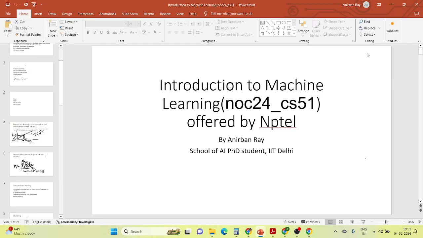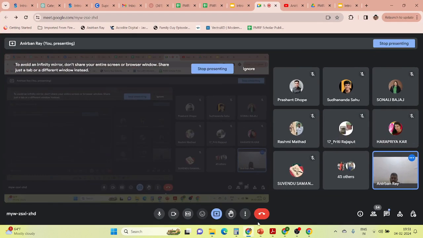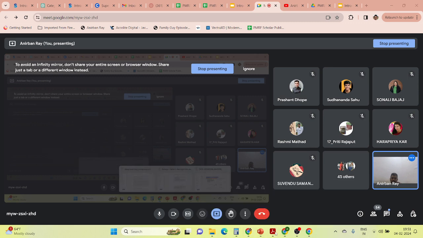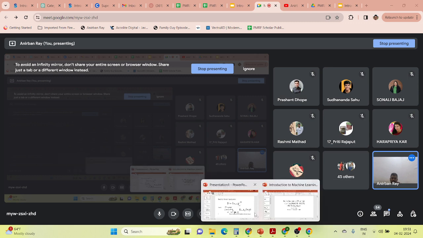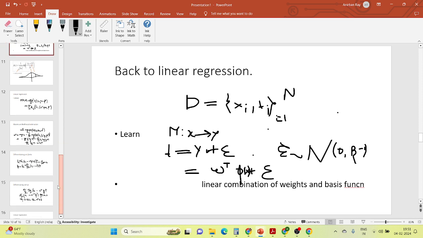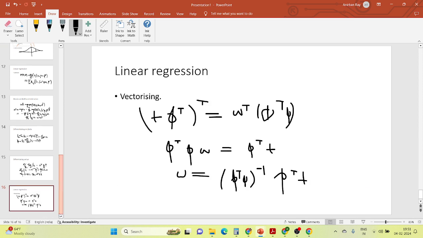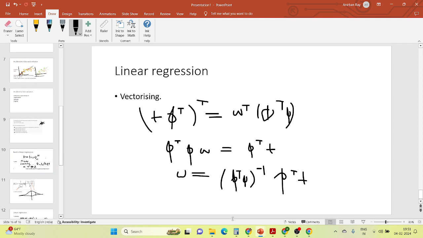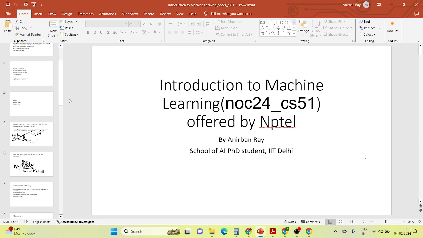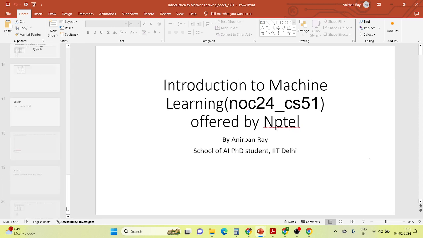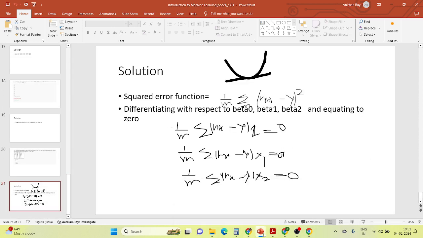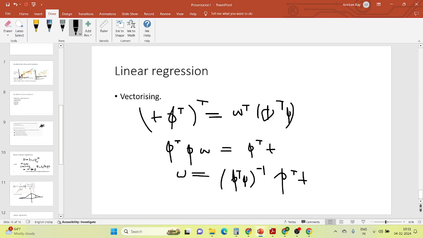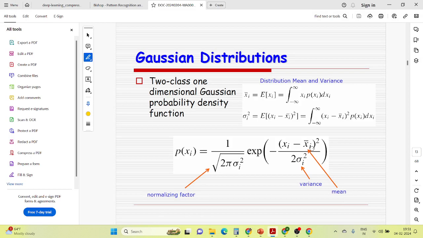So that is our xi is 0. Yes, so xi bar is 0.